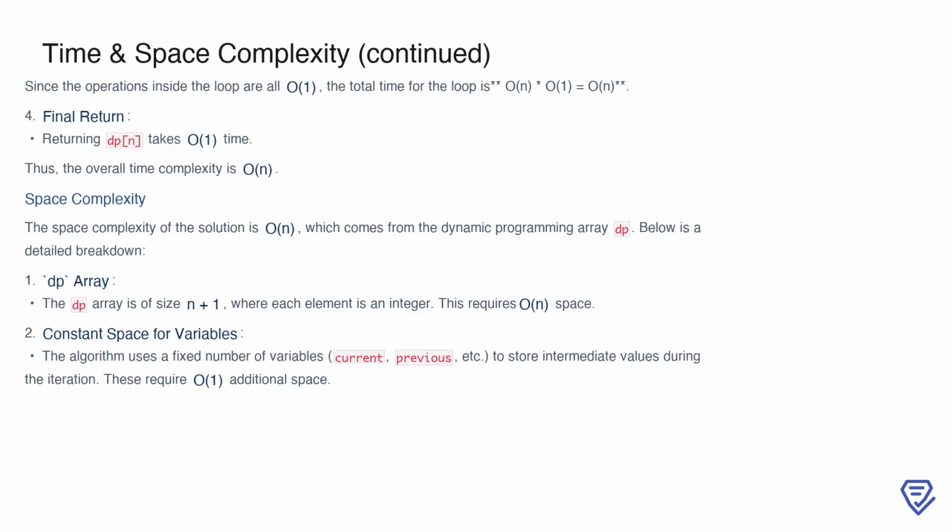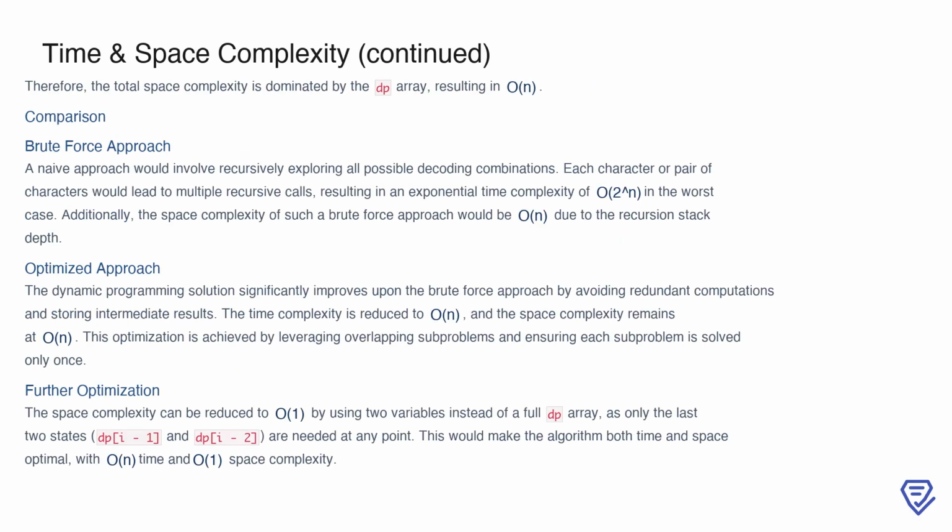Additionally, the algorithm uses a few constant space variables, such as current and previous, to store intermediate values during the iteration. These variables require only O(1) space. As a result, the overall space complexity is O(n). The total space complexity is ultimately dictated by the dp array, which makes it O(n).